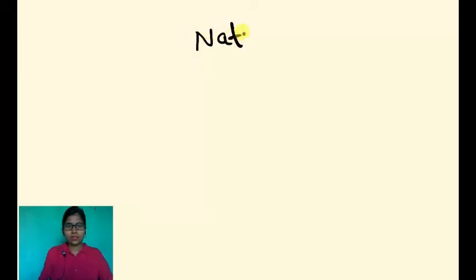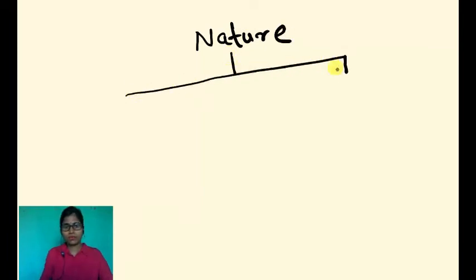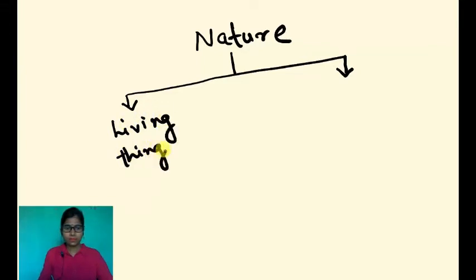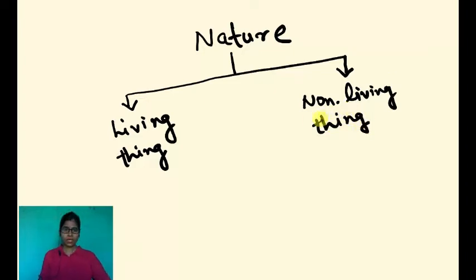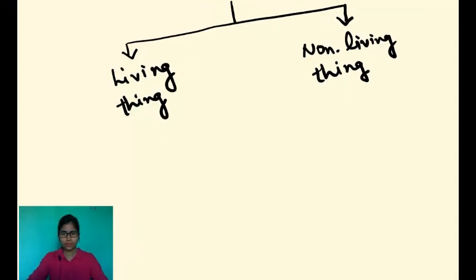In our nature, we have two types of things. The first type is called living things and the second is non-living things. So first we start with living things.